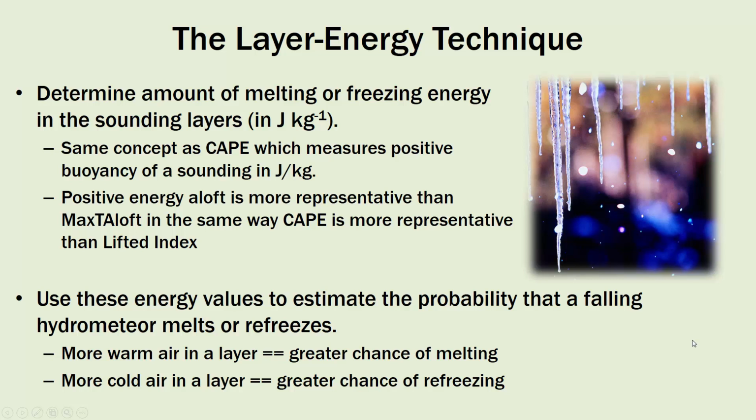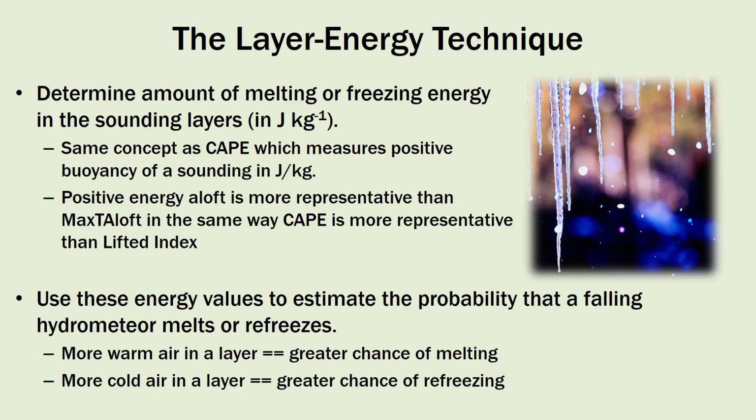So again, it's the same concept as CAPE. We're talking about energy here that's measured in joules per kilogram. So you can think of the total positive energy as being more representative than the maximum temperature aloft, in the same way that CAPE is more representative than the lifted index in forecasting the potential for summertime convection.